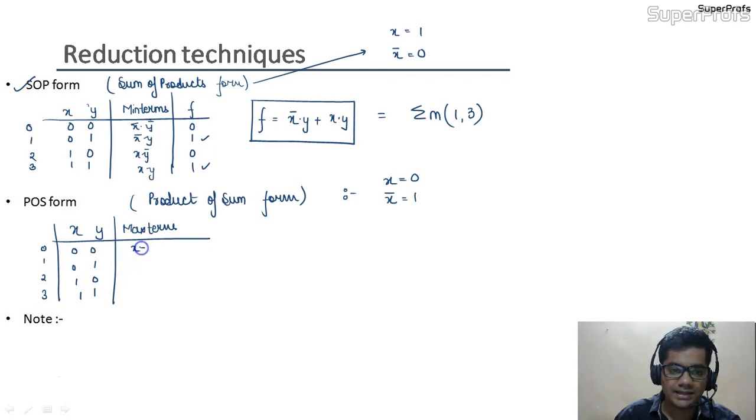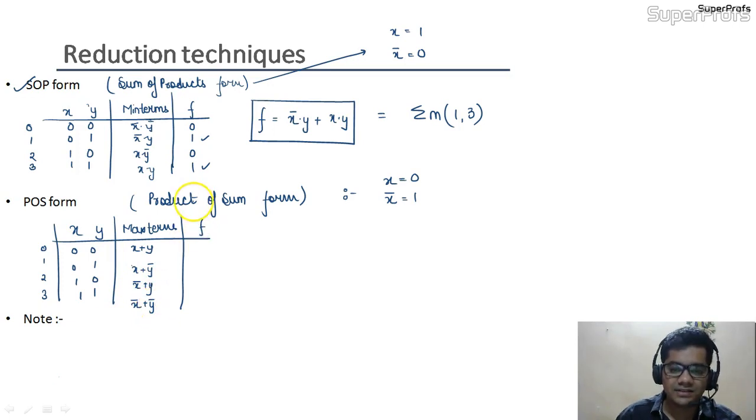It would be x plus y, x plus y bar, x bar plus y, and x bar plus y bar. So we can see the maxterms are x plus y, x plus y bar, x bar plus y, and x bar plus y bar.